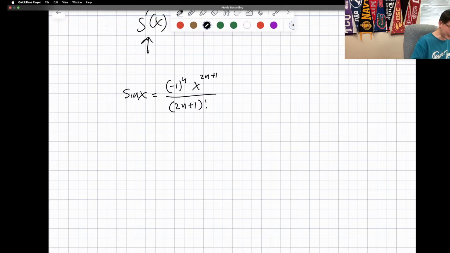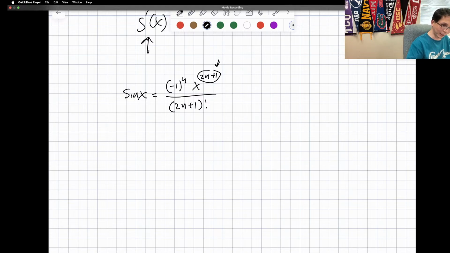Just imagine that if I take a derivative of this function, if I take a derivative of x to the 2n plus 1 by the power rule, what's going to drop in the front? 2n plus 1 is going to drop in the front.